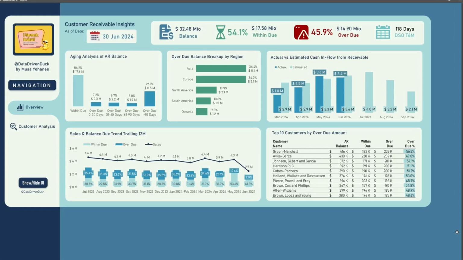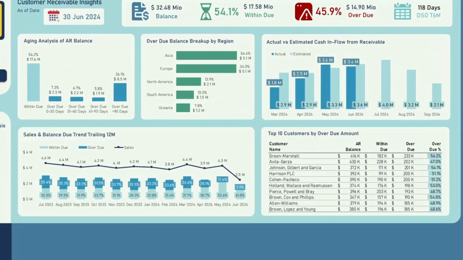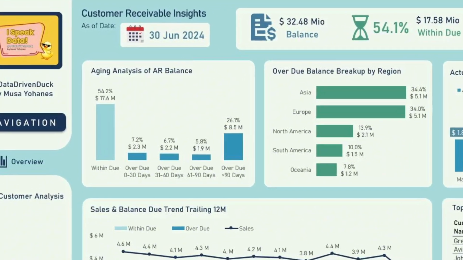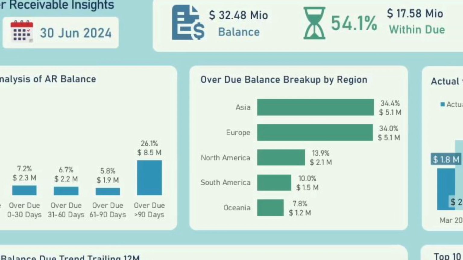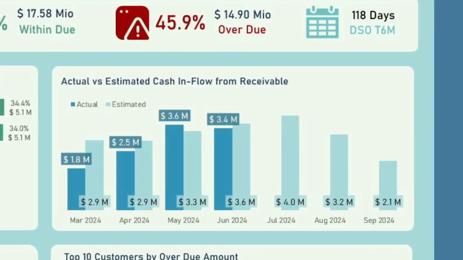Below the status bar, we have a series of informative charts. Let's quickly walk through each one. First, the aging analysis chart divides the due balance into age buckets. Next, we have an overdue balance breakdown by region. The cash inflow chart compares actual with estimates and includes a 3-month forecast based on invoice due dates.